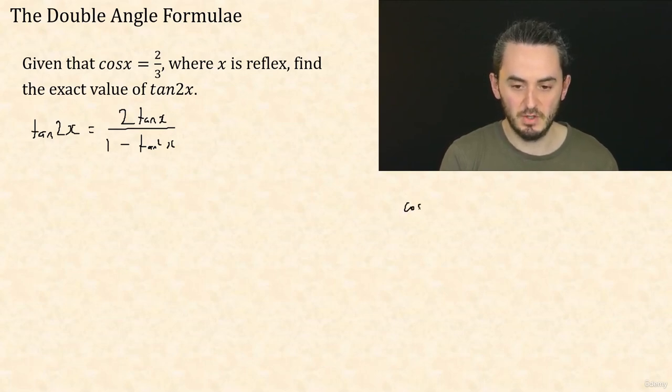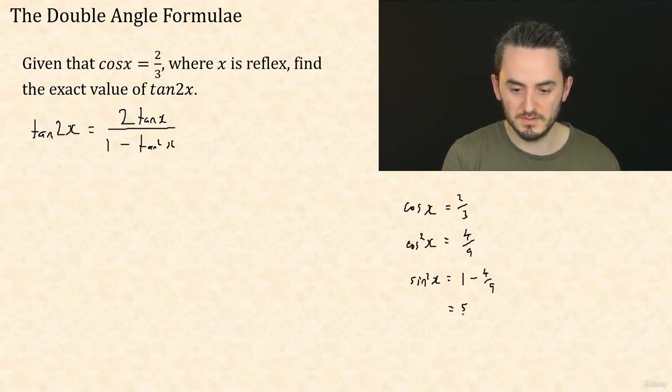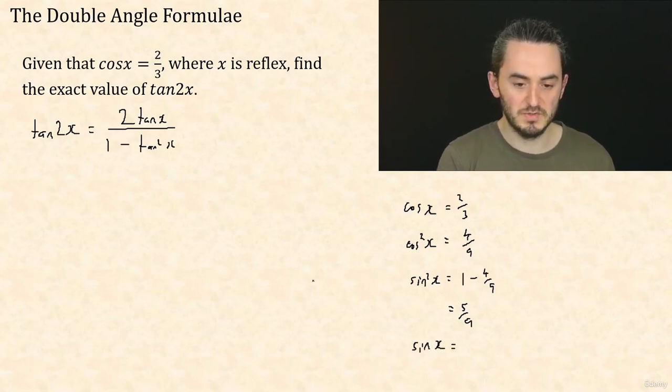Well, if cos x is 2/3, then cos squared x is 4/9, which means that sine squared x is 1 minus 4/9, which is 5/9. So sine x is the square root of that, but is it the positive or negative square root of it?